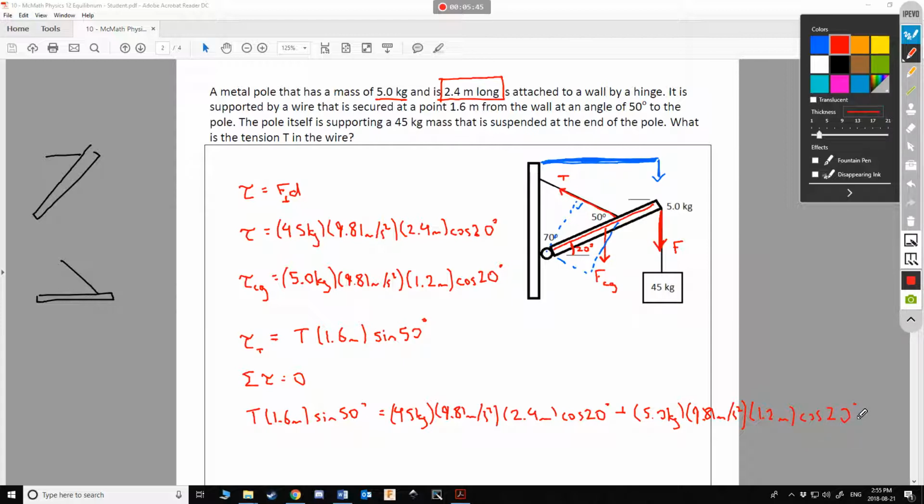As you get better at this, you can just go straight to writing this one single big expression, and we can solve for our tension. So you plug it all in, and we end up with a value of 860 newtons of force.